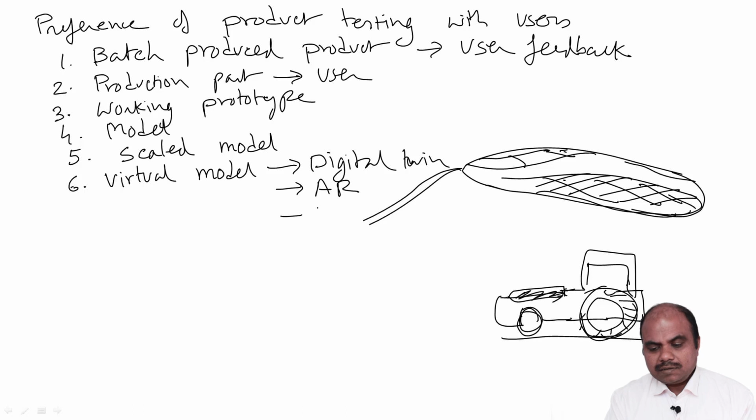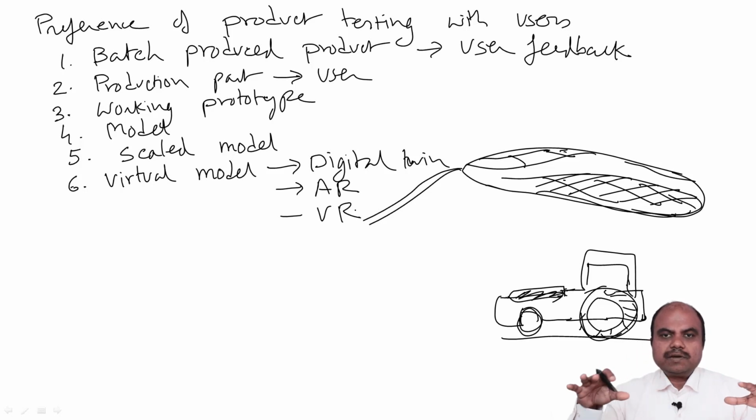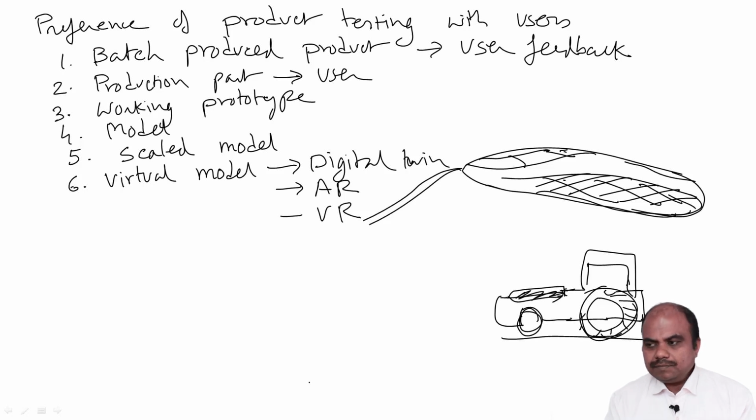The next one is VR. VR is completely virtual, so they can see in a virtual reality environment how the product is functioning, how the product will be there, and what things can be done with the product. But this is a virtual model.